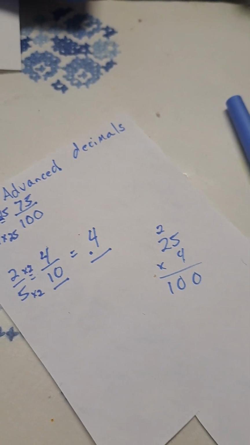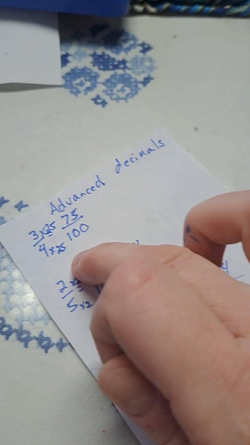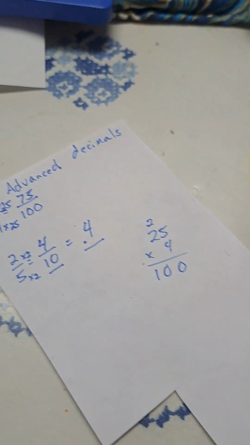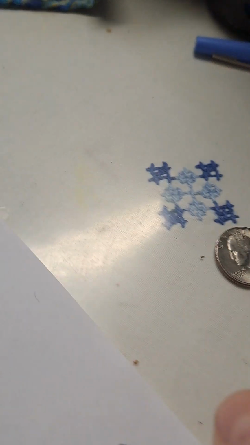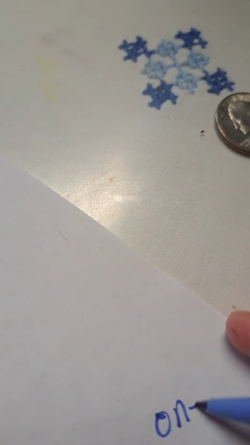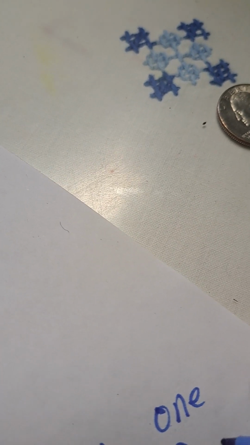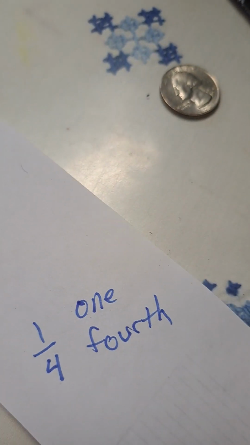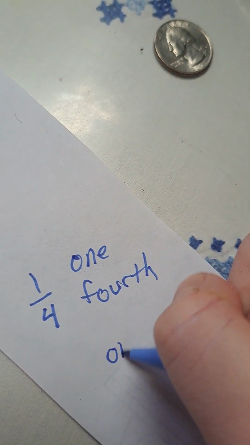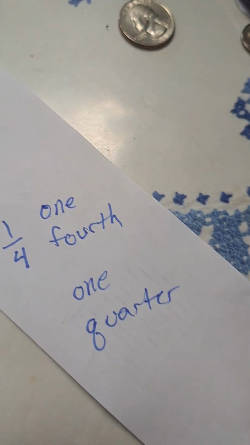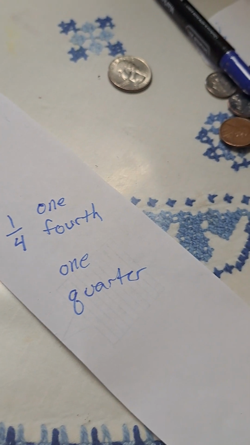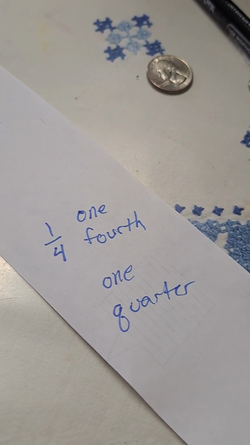Now we did suspect that 4 times 25 was going to equal 100 because although you can call this 1/4, let's write that out. It's hard to hold things. 1/4, right? It is also called a quarter. And I just get so excited about how everything ties together in the world.